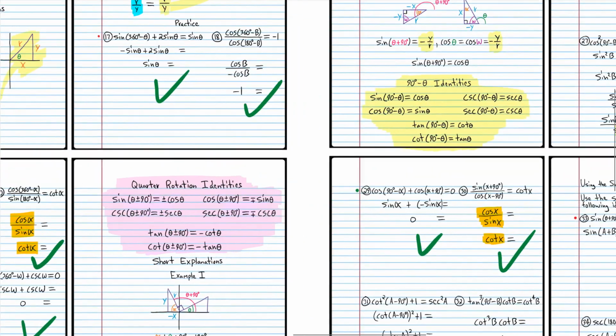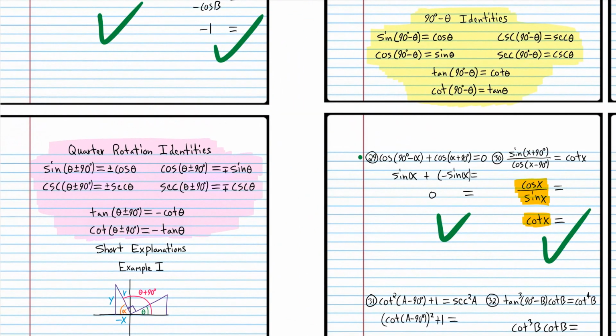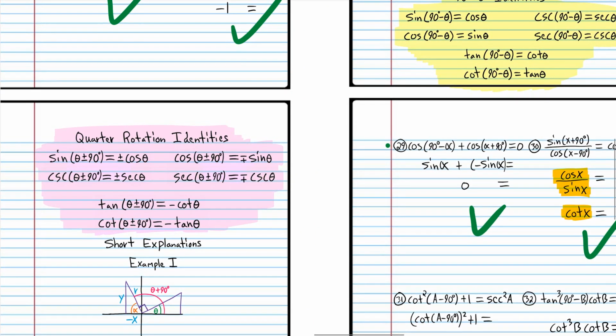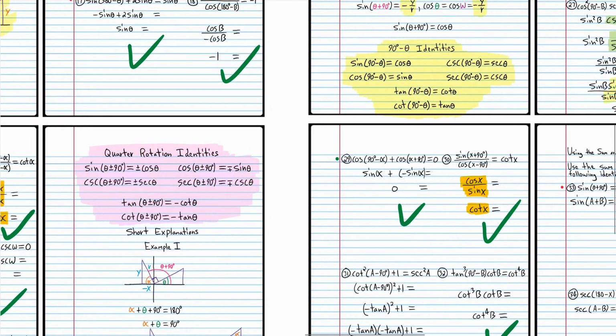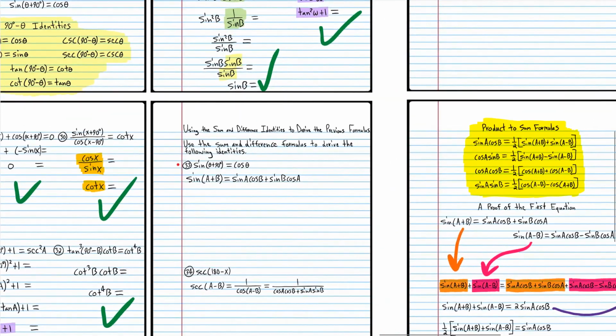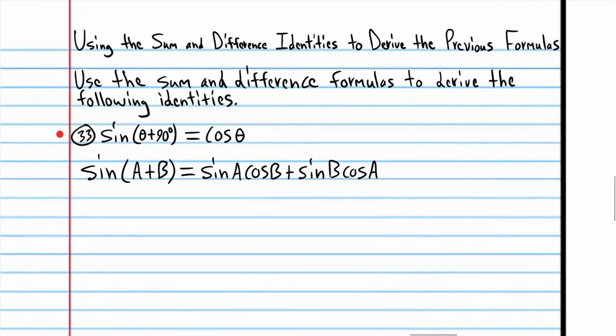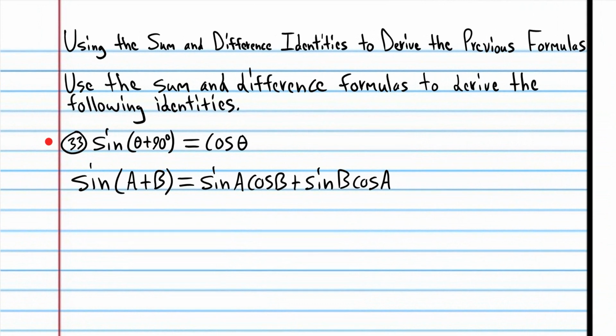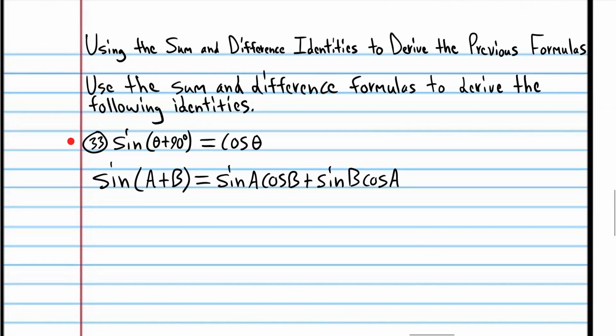But when you get to the quarter rotation identities, things can get really difficult really fast. The explanations are not very simple. So instead of having to know any of those explanations, you can retreat, so to speak, to the sum and difference formulas.